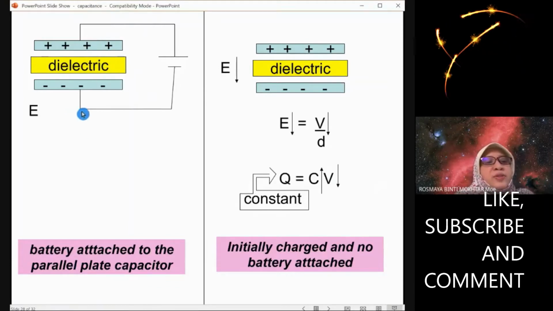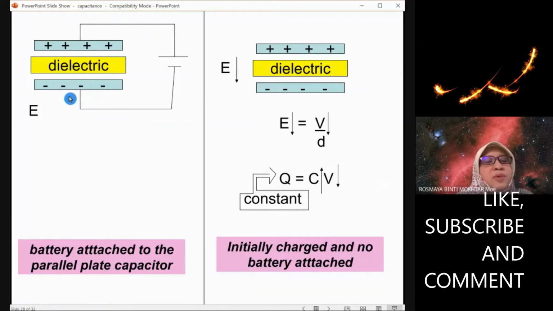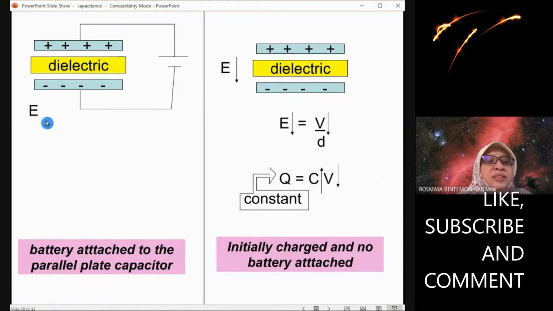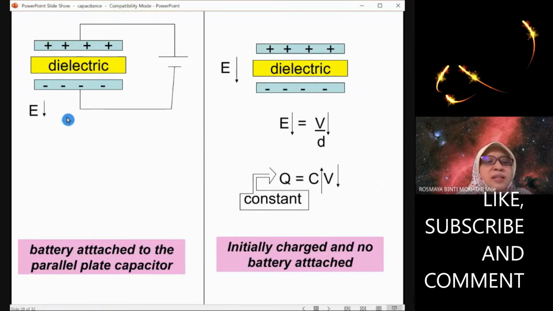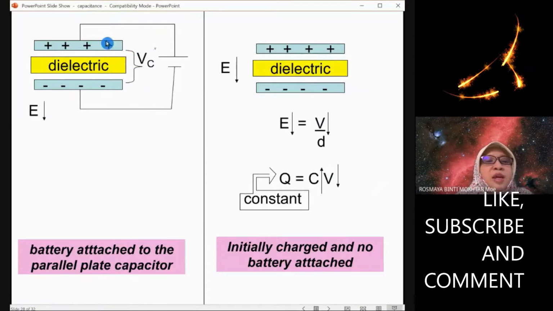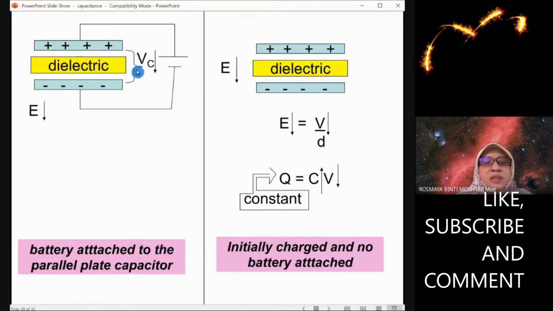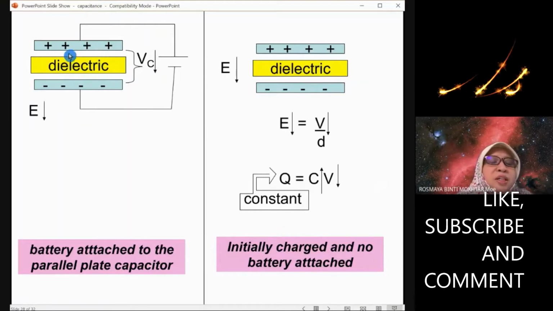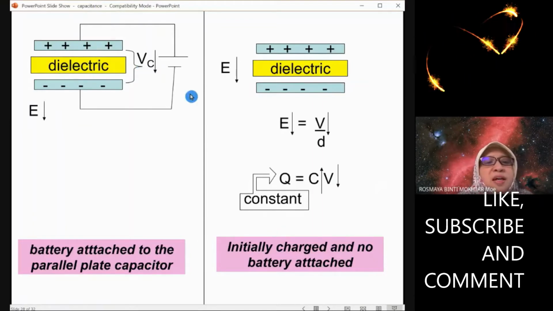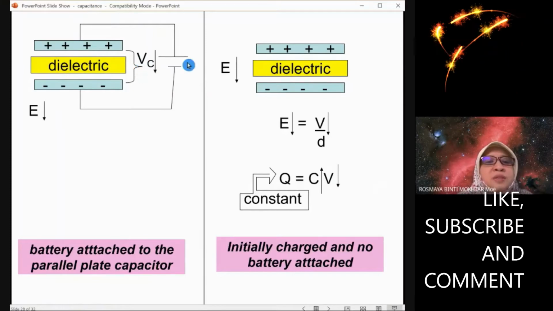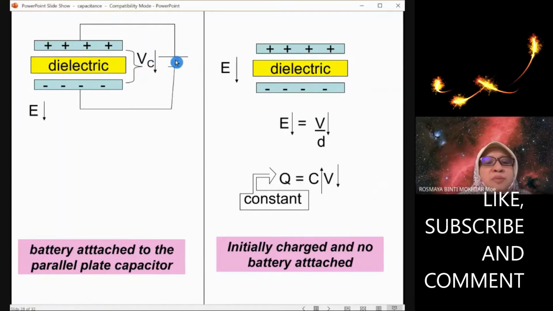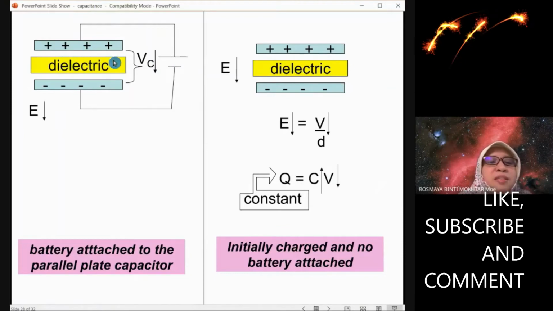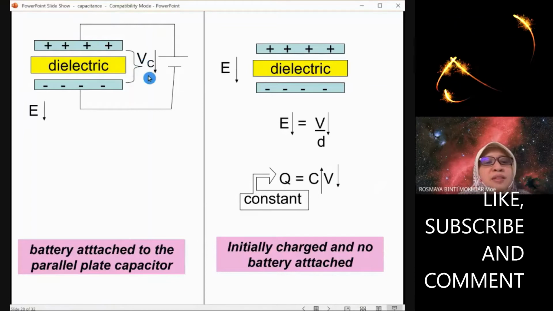Because of the polarization, the resultant E decreases. When the resultant E decreases, the voltage decreases, but this voltage is the voltage across the plates of the capacitor, so we call this VC. We have two voltages now: the potential difference from the battery, and the potential difference across the capacitor. The potential difference across the capacitor decreases.